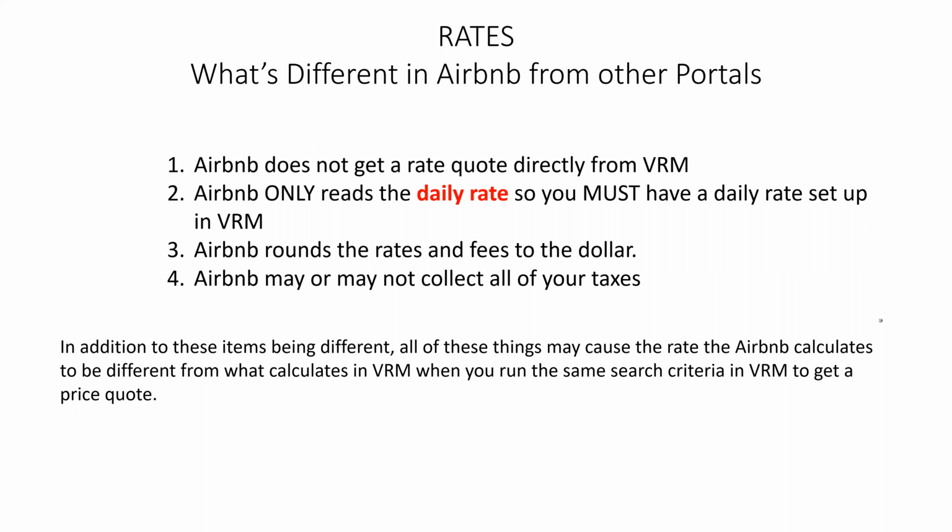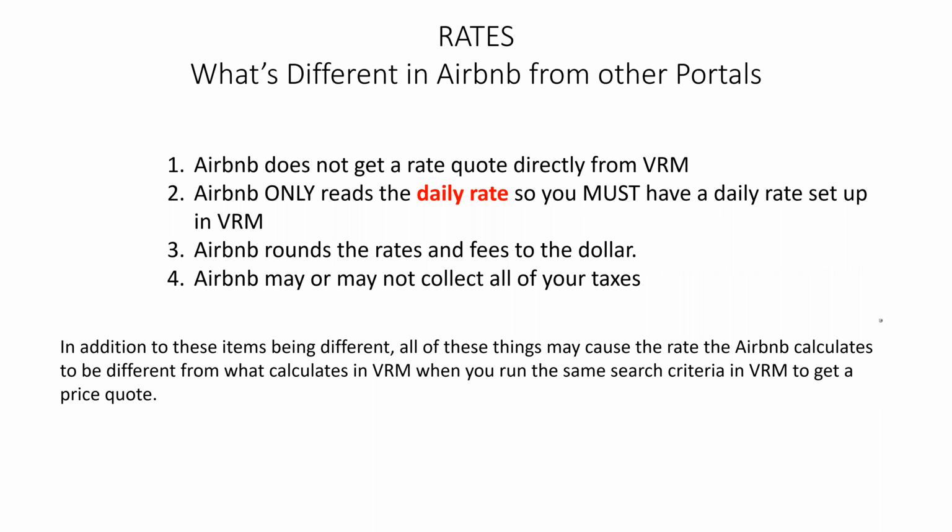So regardless of what you do with settings, HomeAway is going to get a correct rate quote from you or from us, and whatever VRM is quoting is the same thing that HomeAway is going to quote. Airbnb does not get a rate quote directly. They will calculate their own based upon the daily rate.